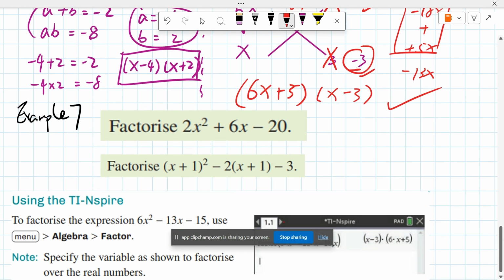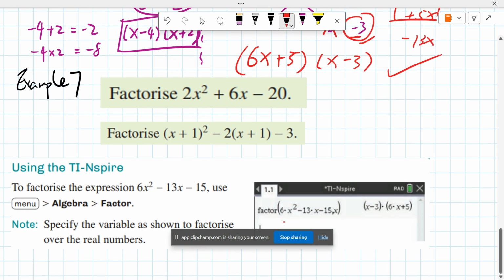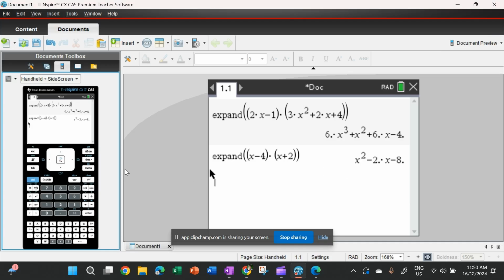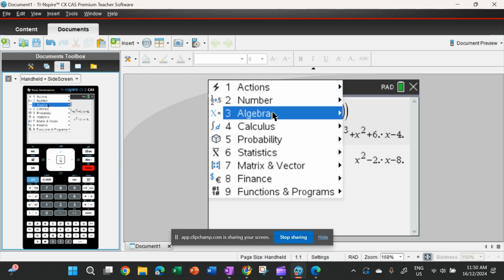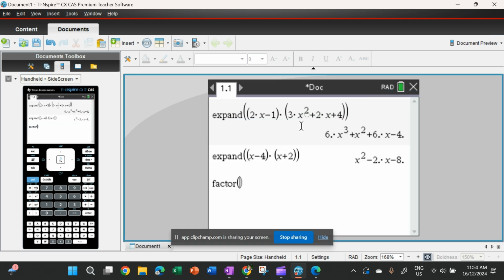Also, what we could do is use something called the calculator, and go to menu, algebra, factor. So what we do is we substitute what we have.